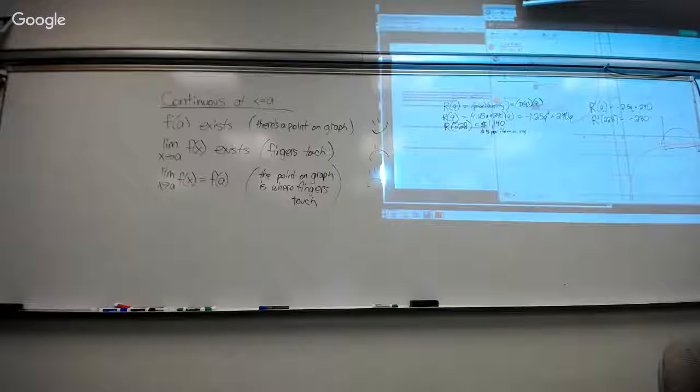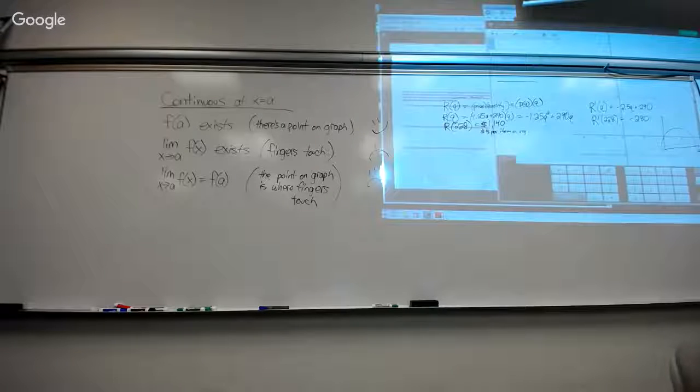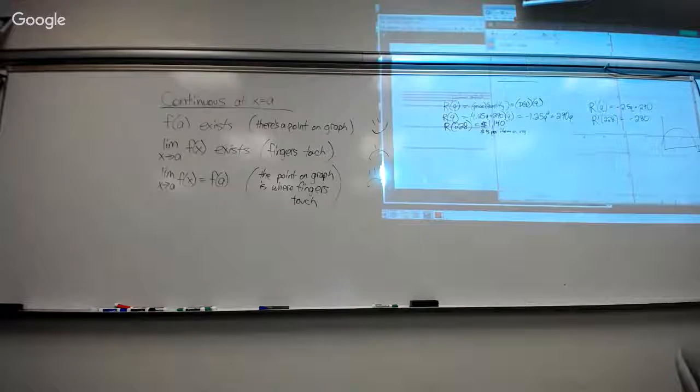Let's just take a look at it real quick. That was negative 1.25x squared plus 290x. Look, this is sad. There's our parabola, which you can't really see.